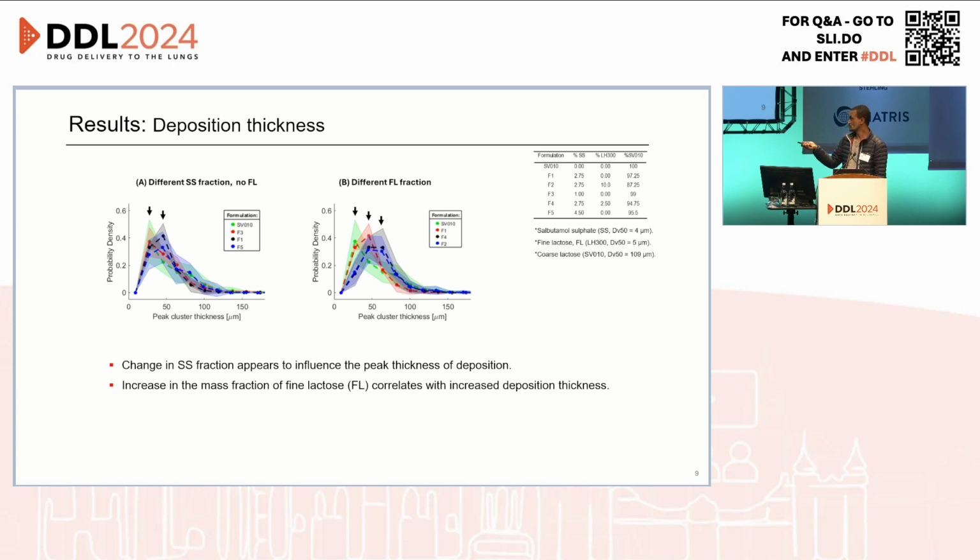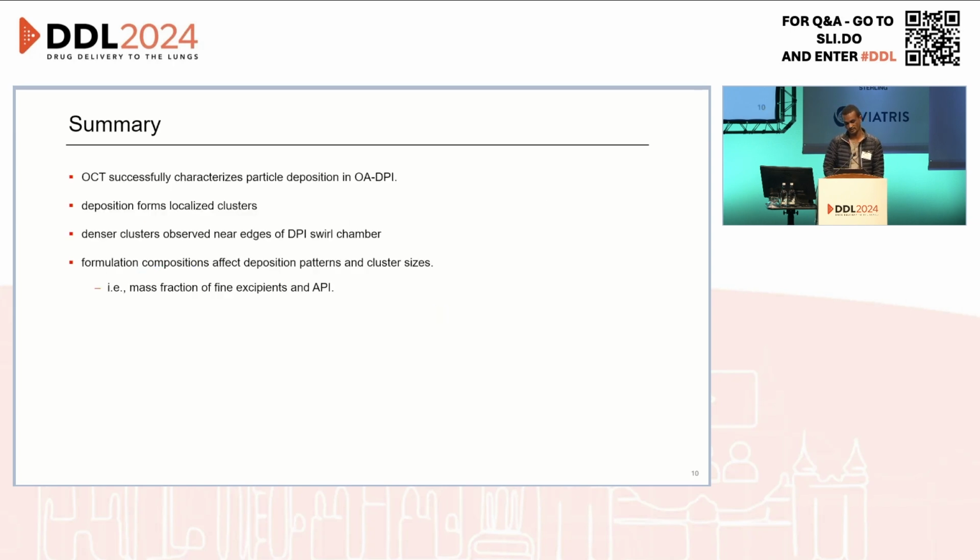So change in SS fraction appears to influence the peak thickness distribution, but the effect was actually not significant. But the change in the fine lactose, we found it to correlate much with the increase in deposition thickness.